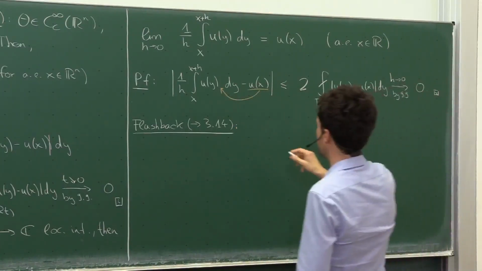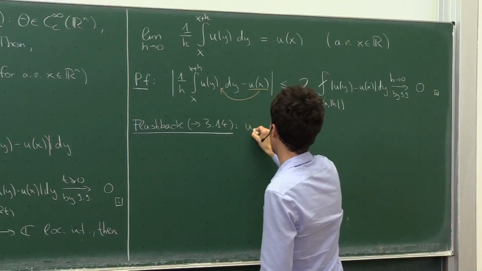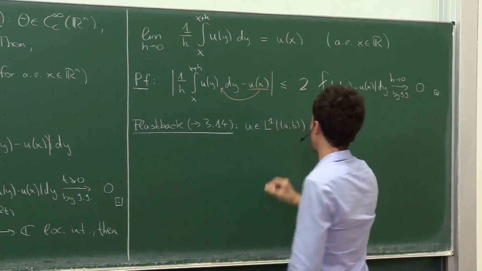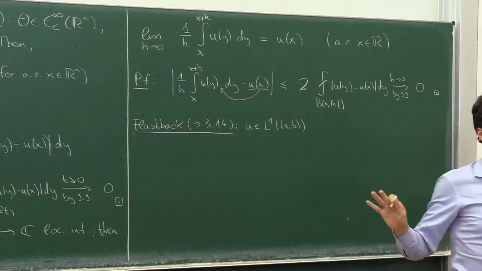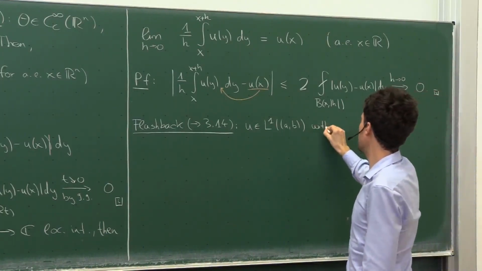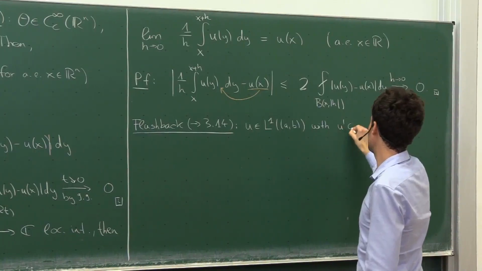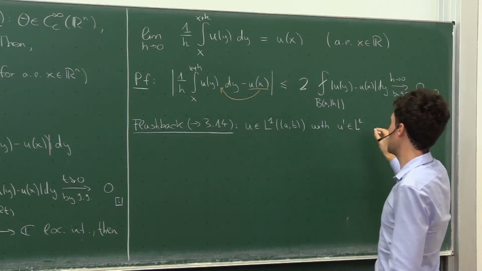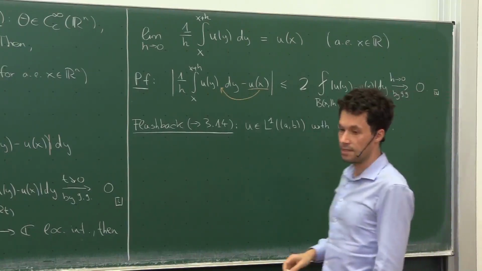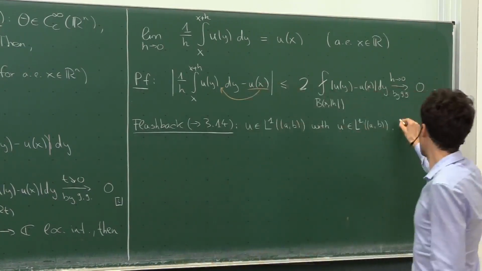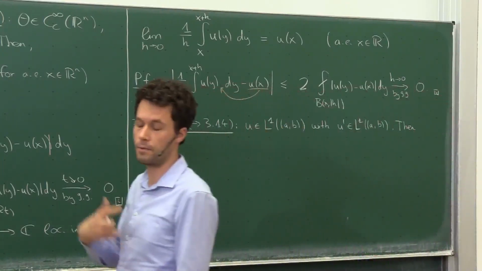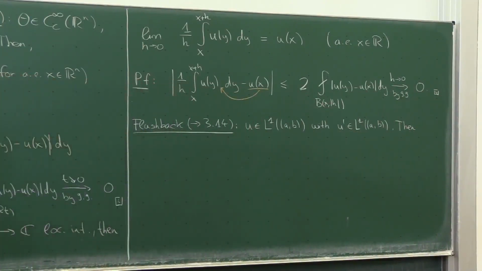And what you saw there is, if I have u, an L1 function on a bounded interval, okay, so (a,b) is going to be a bounded interval, and this L1 function on the bounded interval is weakly differentiable, so u prime is a weak derivative, and the weak derivative is L1 again, then this function has a continuous representative with which I'm going to identify it.